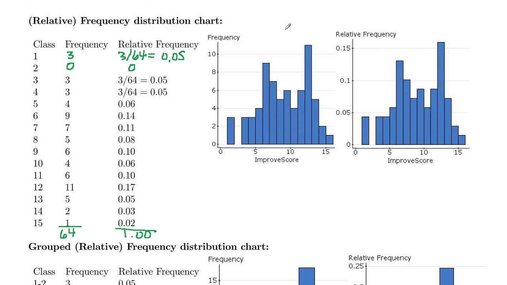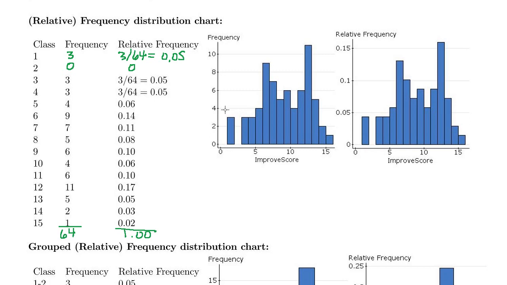So here's our frequency and relative frequency histograms. We've got the improvement score along the horizontal axis. And actually, the way that these bars are drawn, we want to shift our x-axis over a little bit because this is the bar for 1. So 1 should actually be centered on that bar.